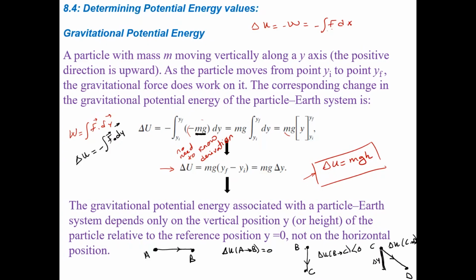And that's actually the same as BC. So delta U from C to D is the same as from B to C because they have the same vertical change in position. So my important comment here is that U_G, the gravitational potential energy, is independent of the path taken.